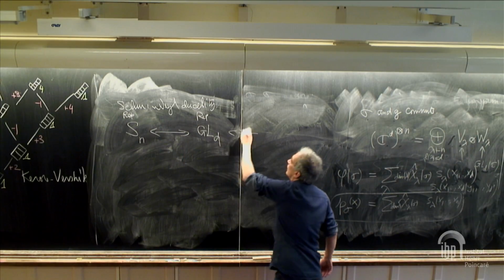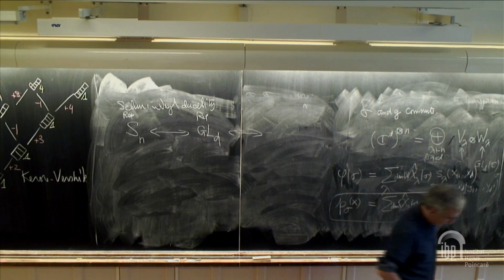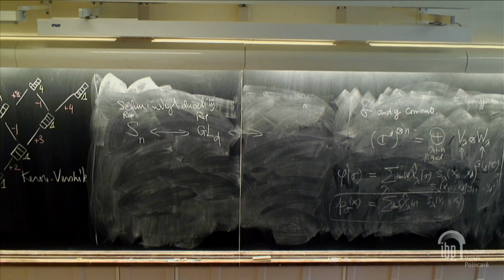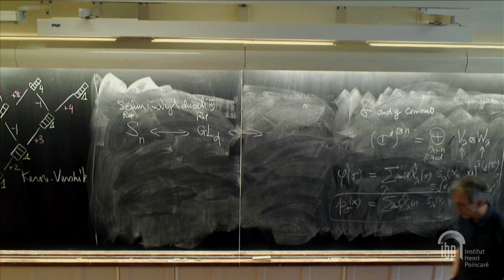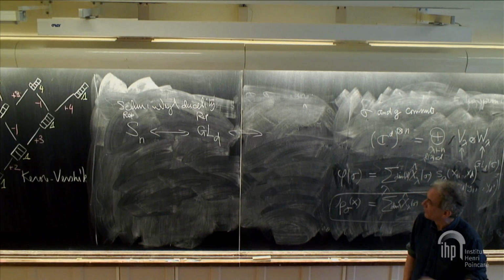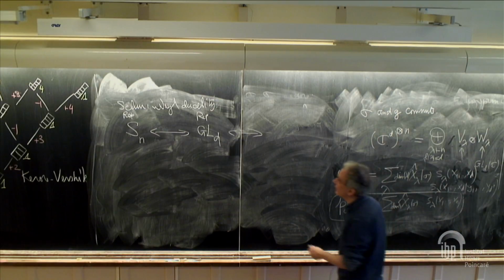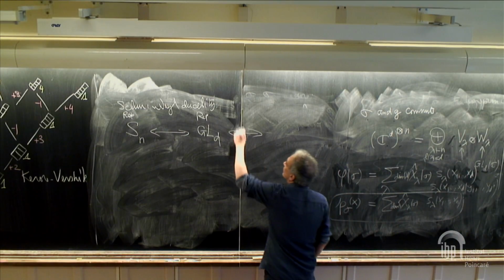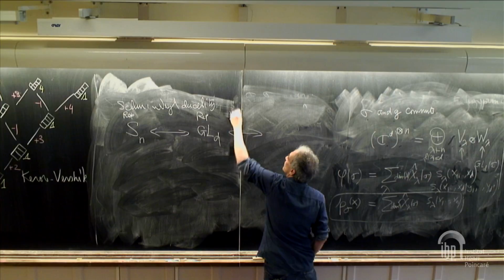Now, what I claim is that there is the representation theory of GLD. I have not talked about it, and I will not say very much about it, but it has a so-called semi-classical limit.